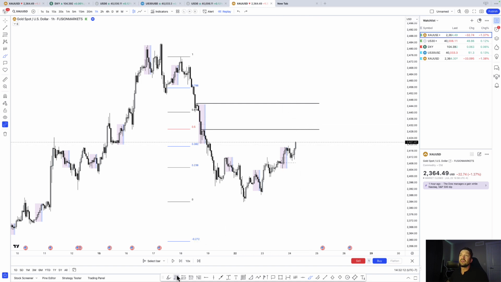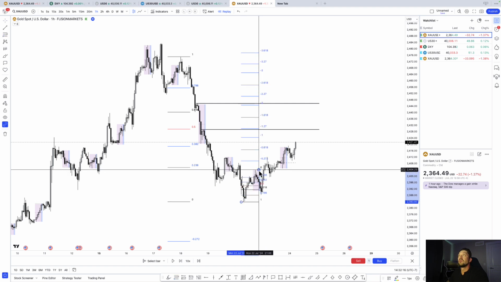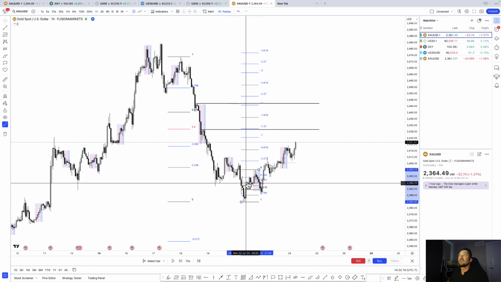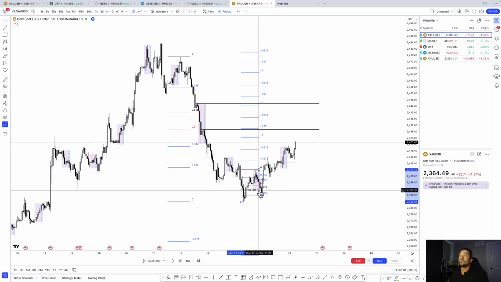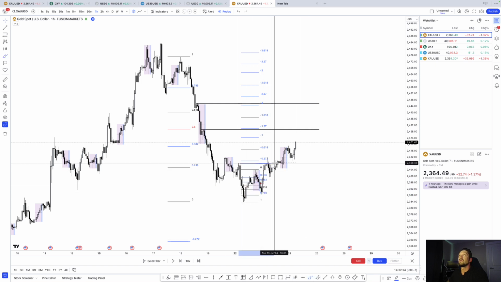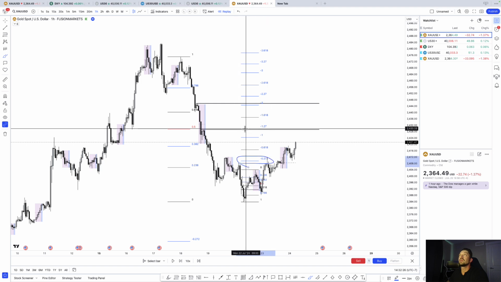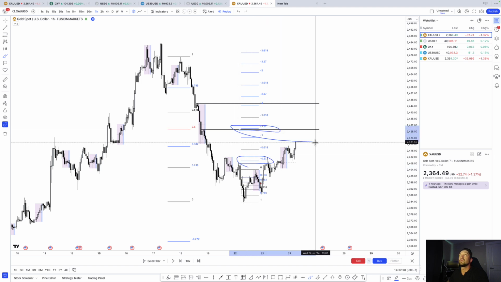With that in mind, we want to measure the reaction that started the move. So if I look, this is the pullback. This is my first reaction. What do we have here? 0.27. So that's telling me there's a good chance the next reaction is coming from the 127.